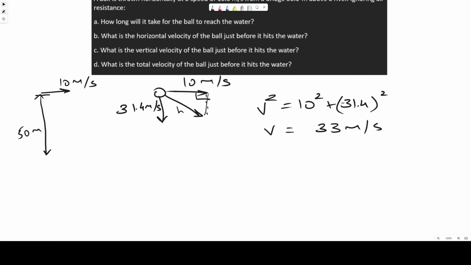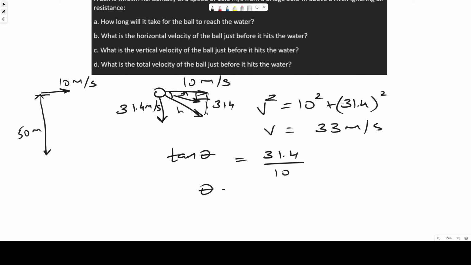Okay, so now we have found the velocity, but we have to find the angle as well, because what is velocity? It is magnitude plus direction. So we need to find this angle. We have our opposite and we have our adjacent, and our opposite is 31.4. So I can say tan of theta from SOHCAHTOA is equal to 31.4 divided by 10.